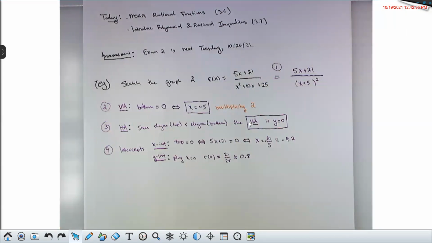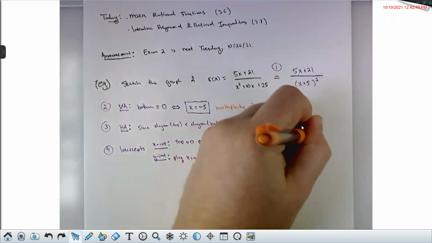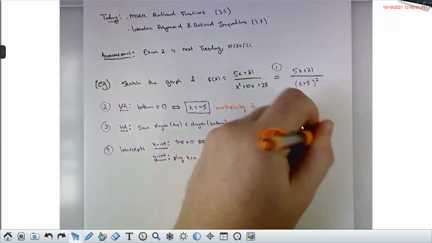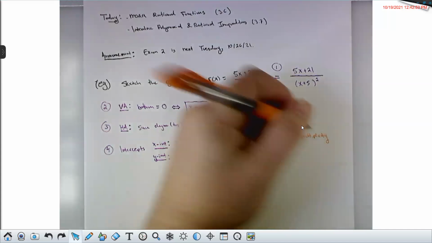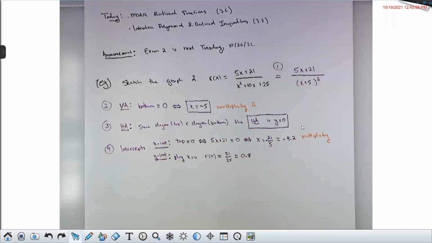So I've got my intercepts now. There's one more thing I want to make note of here in the intercepts, kind of similar to this. I need to remember the multiplicity of the x-intercept. So what is the multiplicity here? Isn't it 1? Yeah, yep. This factor upstairs, 5x plus 21, is a multiplicity 1 factor.